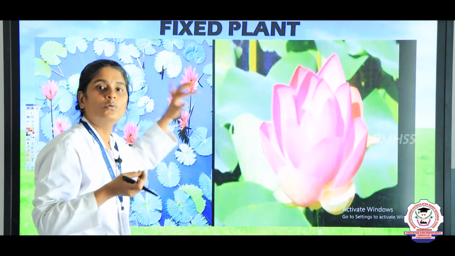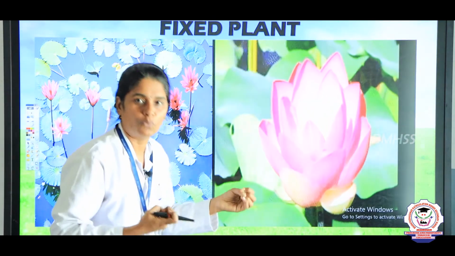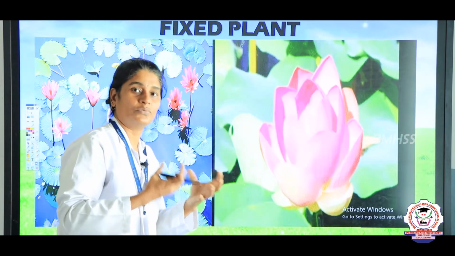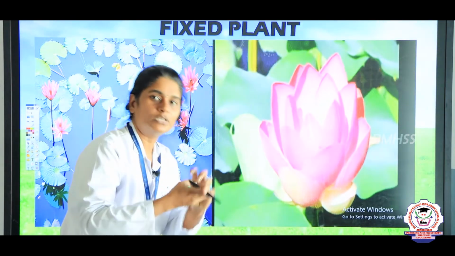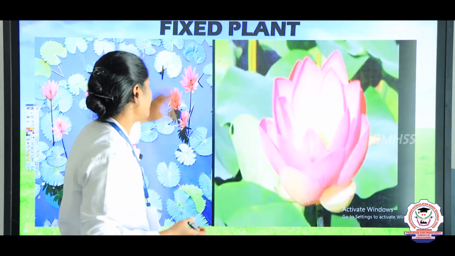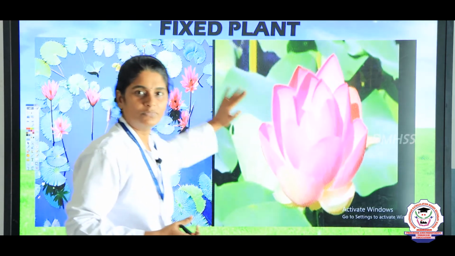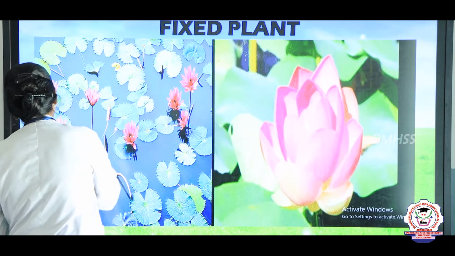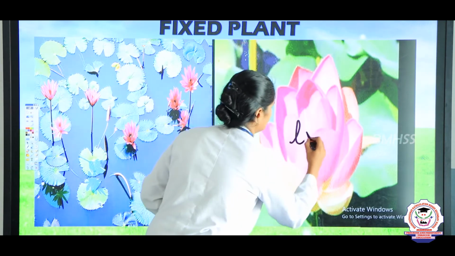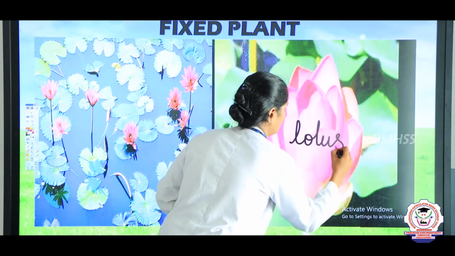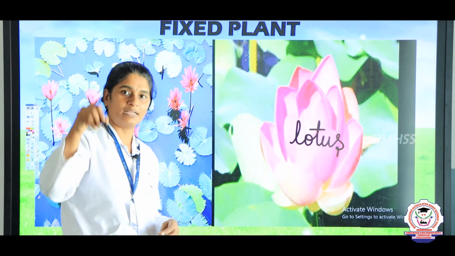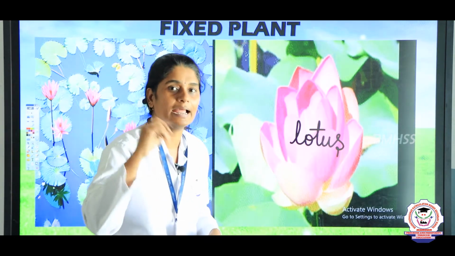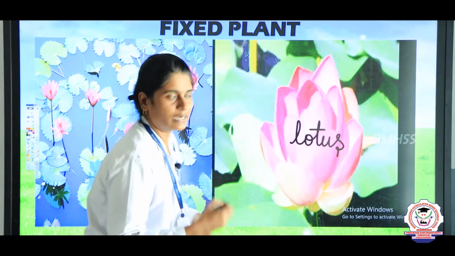Thereby it prevents the entry of water, so even on the water, the water will not merge with the leaves. It has a waxy structure to prevent sogginess in the water. So, under fixed plants we saw the examples lily and lotus.